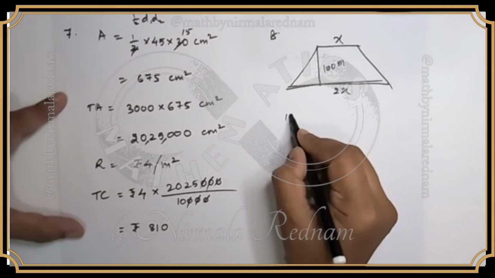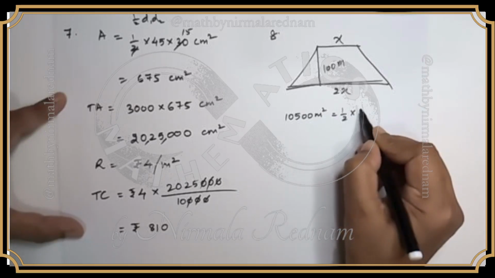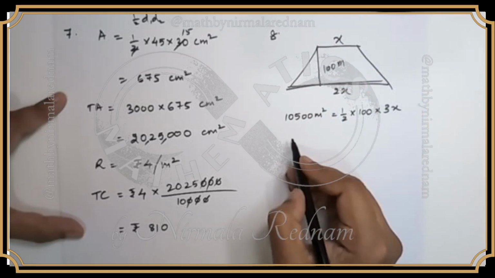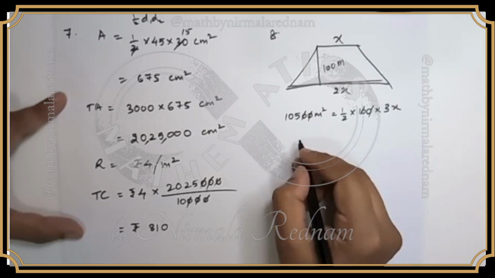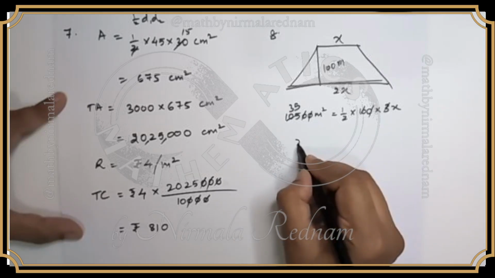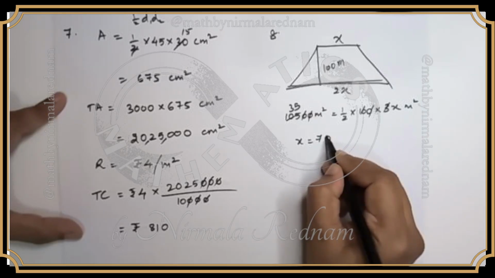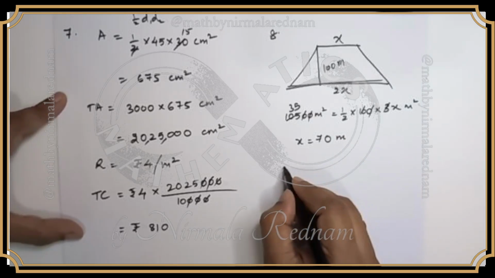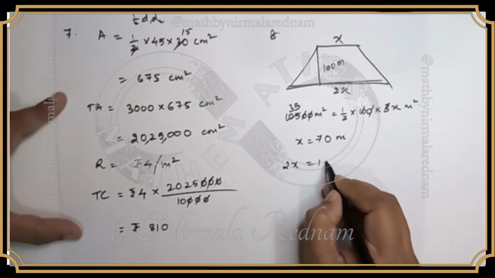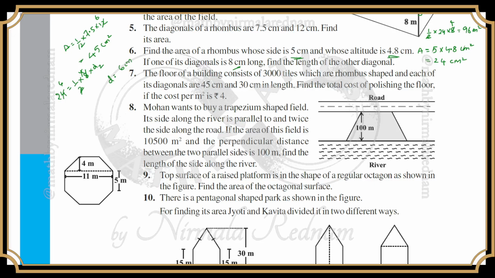So I have 10500 is nothing but half h into a plus b. What is x plus 2x? 3x, right? So I have x is equal to 70 meters. That means the length along the river is 2x, which is 140 meters. So that is the eighth question.